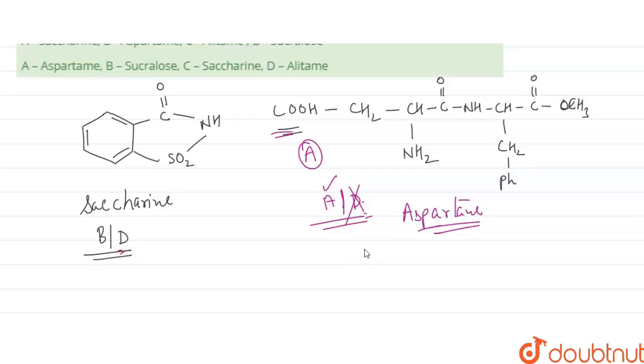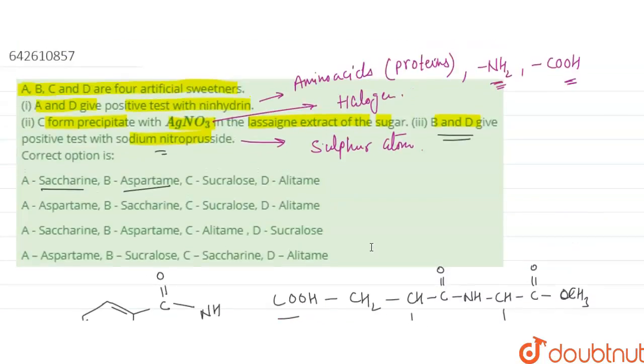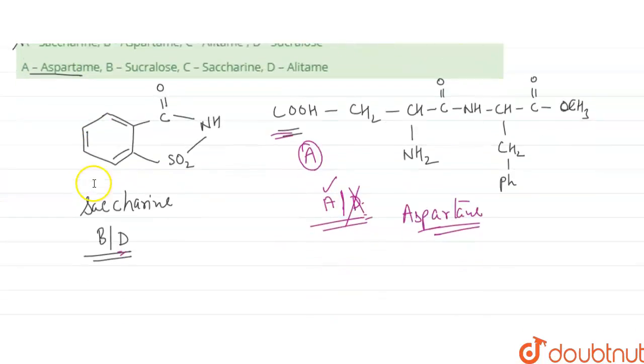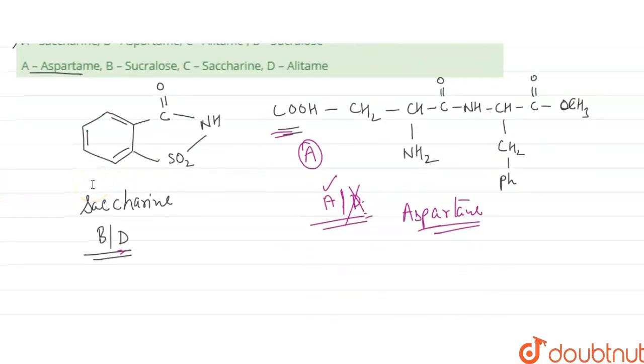Now how to solve this question? Now we can see the options. We get to know that A is aspartame. Let us check in the question. Here in the first option A is saccharin, so this is not the right option. In the other options, A is aspartame, but B or D must be saccharin.